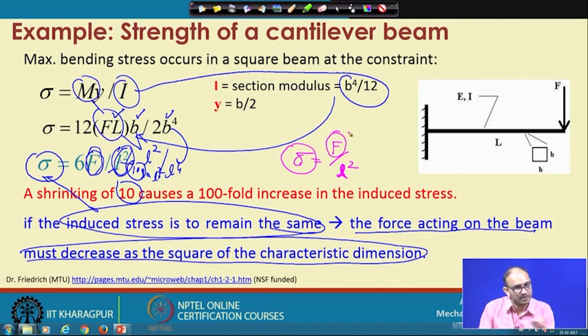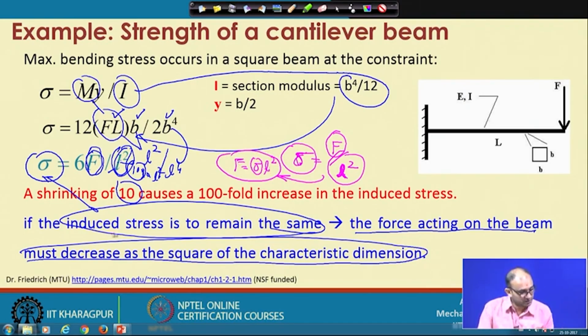The variable is F. So, to keep the sigma constant, whenever you are changing the dimension L, the reduction of the force should also be proportional to L square, right. Because here F is equal to sigma into L square from this equation. So, keeping sigma constant, F should be proportional to L square.